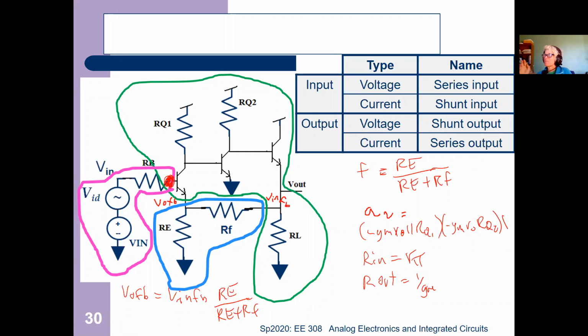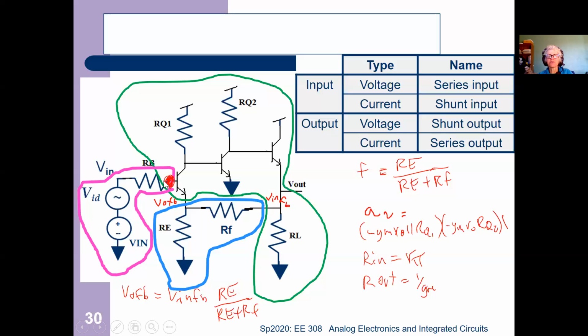So let's keep going, and hopefully eventually that will make sense. If you come through the feedback block, here's the output of the feedback block. That's where it's affecting the input. Is that on the same node as VN? No, you have to go through a transistor to get to VN.